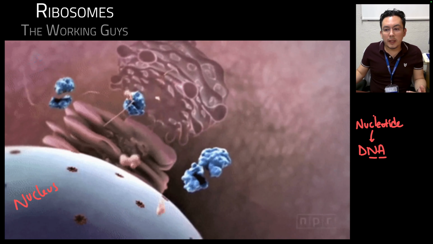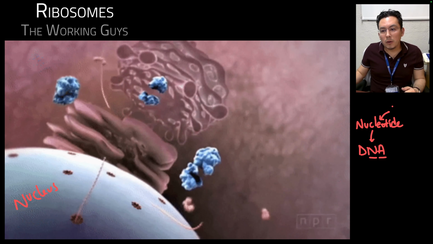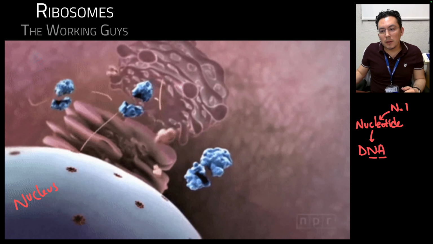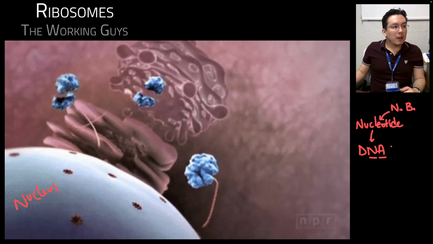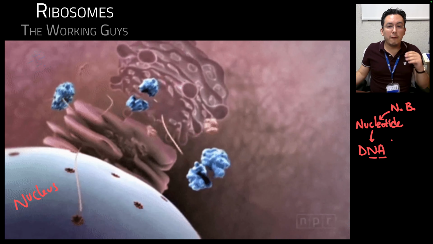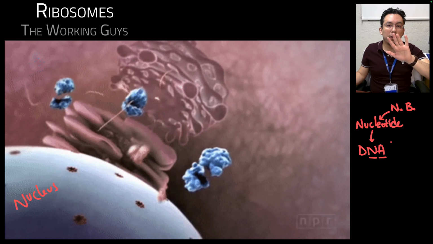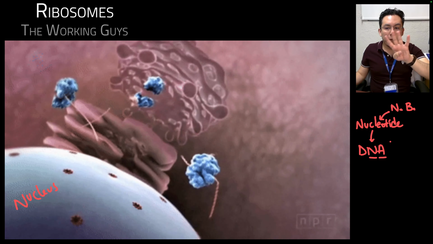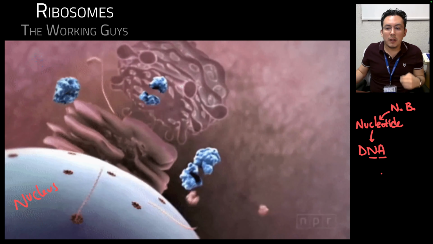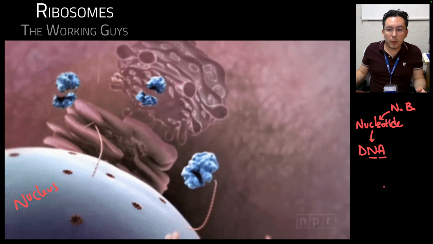And this nucleotide itself is made up of smaller units that are called the nitrogen bases. And you may recall from previous chapters, the nitrogen bases are a total of 5: adenine, thymine, guanine, cytosine, and uracil. 4 are specific to DNA, and 4 are specific to RNA, right?